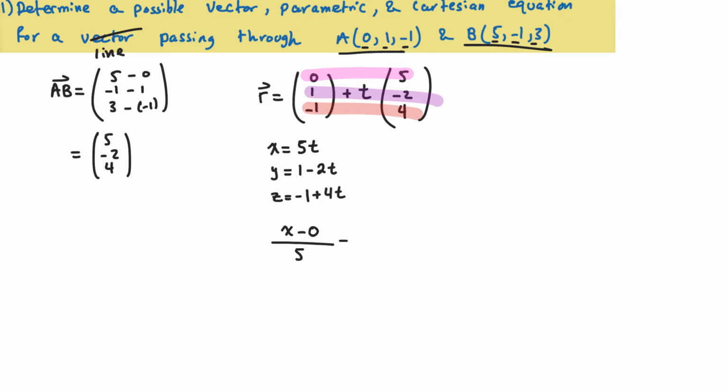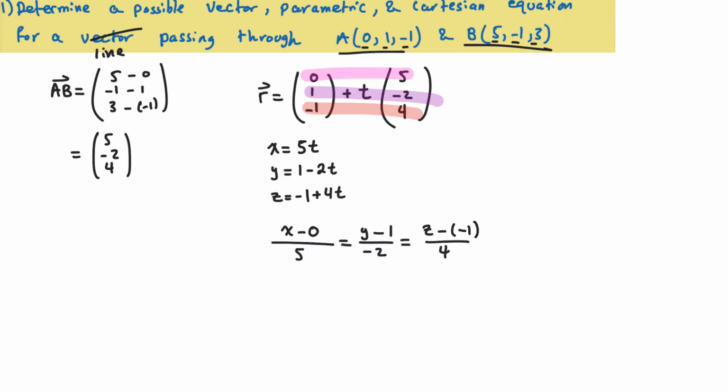This is going to equal y minus the point here, which is 1, divided by the direction vector in that direction, that's -2. And that's going to equal z minus -1 divided by 4.